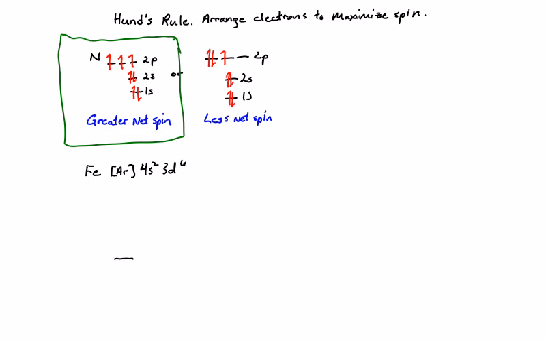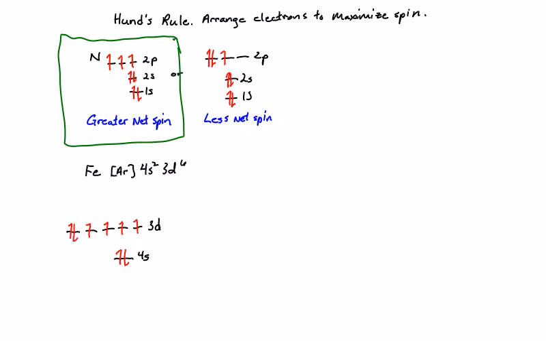So we have our 4s orbital, and we have our 5 3d suborbitals. You can see here that we have 2 electrons paired up in the s orbital, and then the 6 electrons. If we're going to maximize spin, we need to put 1 electron in each one of these orbitals, and only once we've gotten all of them with 1 electron do we pair one up.